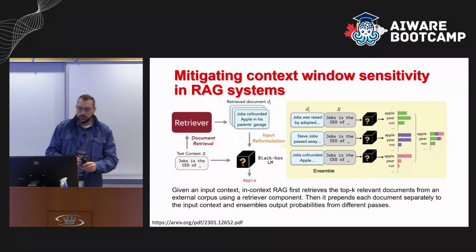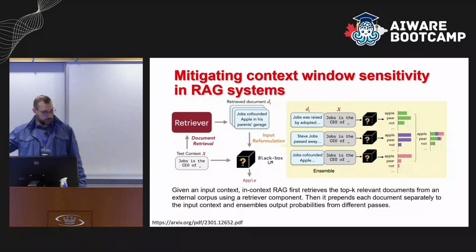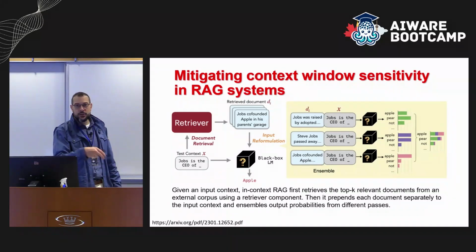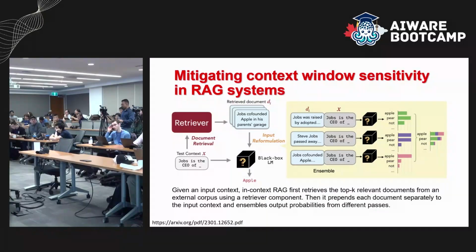You retrieve multiple documents, and you just get the first document and append it to the prompt, and pass it along to the foundation model. You're going to get a token distribution from there, step by step. Then you get the second document, append it to the prompt, and do the same, passing it along to the foundation model to produce its token distribution. And you get the third one, and you do this for all the documents that you want, for the top K documents.